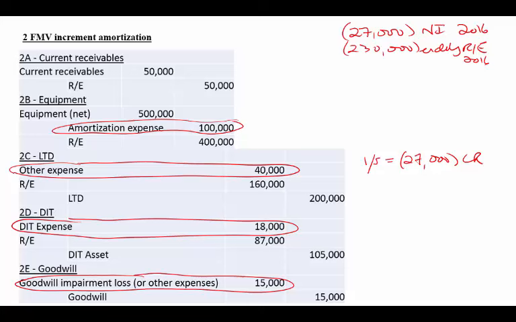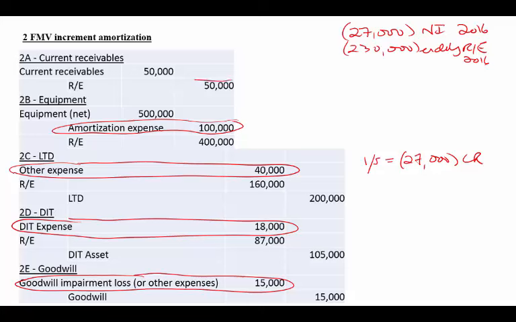Now, in order to see our impact on ending retained earnings, we have to remember that anything that impacts the current year income statement will also impact ending retained earnings in the current year. So all of our income statement accounts that we've already circled will also impact ending retained earnings. In addition to that, the amounts we have debited or credited to retained earnings, implying opening retained earnings, will also impact ending retained earnings.